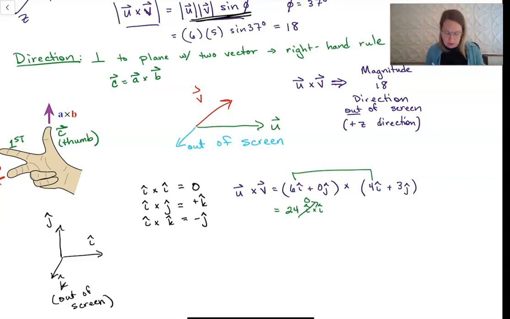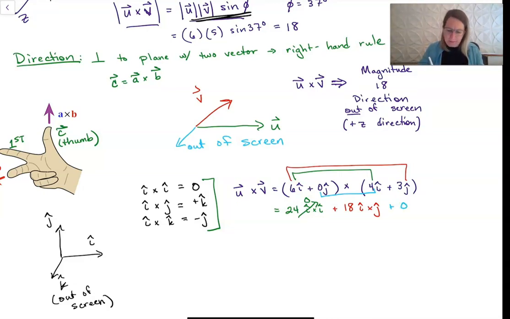I just look over here in my table, and then I'll go ahead and do it in FOIL order. Outer, so that will be 6 times 3, which is 18 I cross J. You've got to keep the order the same, as it turns out. Then we'll do inner. Well, that's a 0 because it's 0 times stuff, so it doesn't even matter.